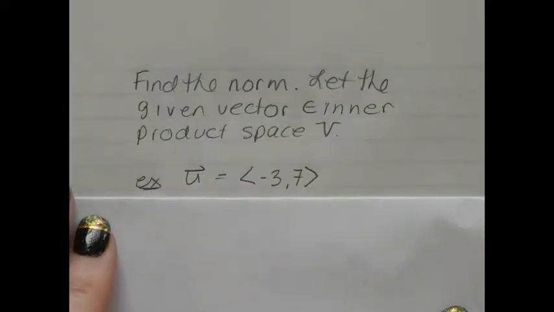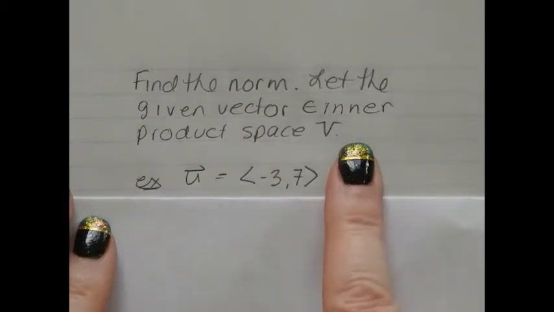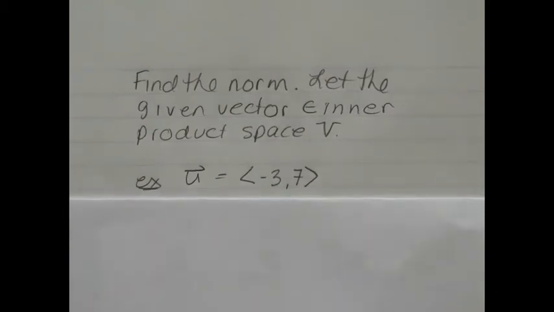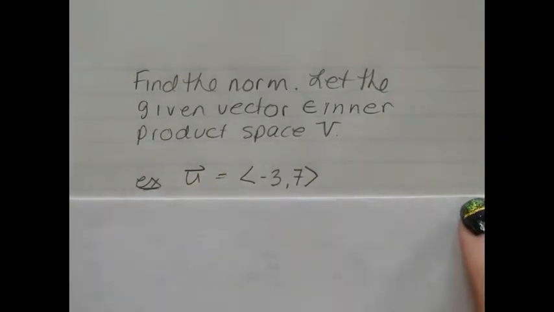Find the norm. Let the given vector belong to the inner product space V. The notation gives it away that we are in inner product space V. If it looks like we're using the vectors from Calc 3, then it's an inner product space. So, we're given vector u is equal to the vector -3, 7.